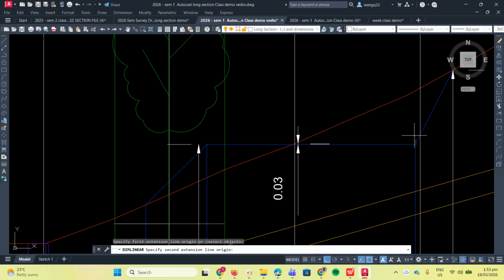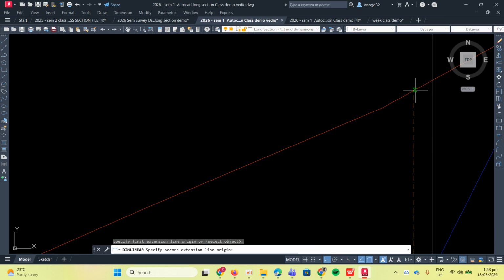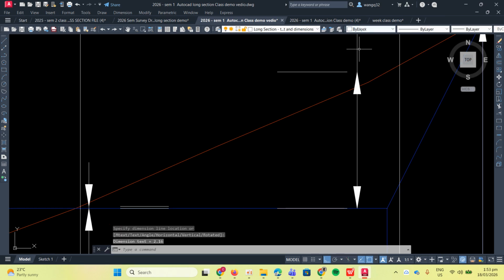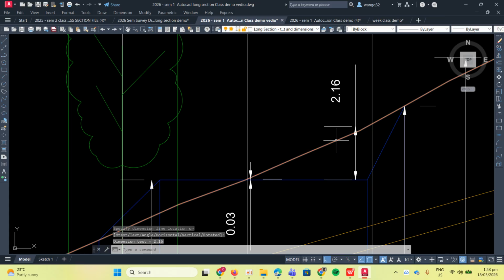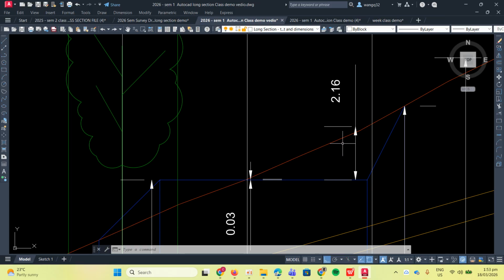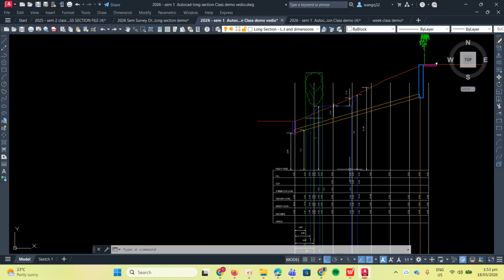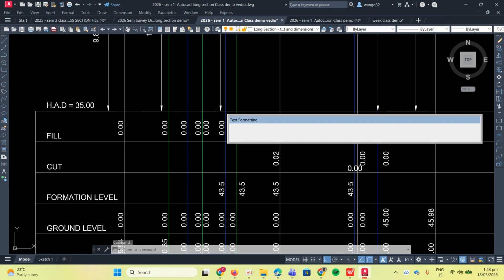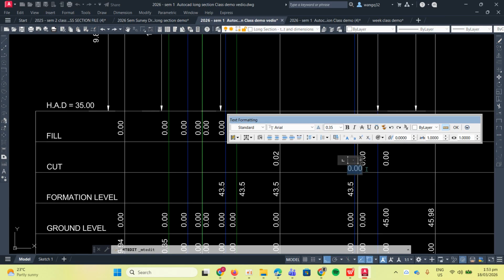So go up to my ground level, which is here. So our cut will be 2.16. 2.16 divided by 2 will be 1.08. So our cut here will be 1.08. Yes.